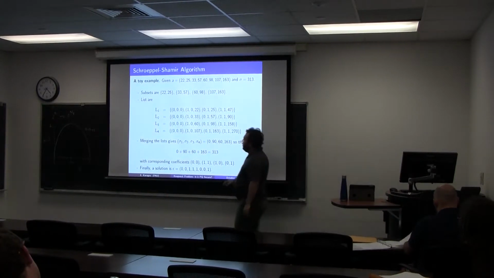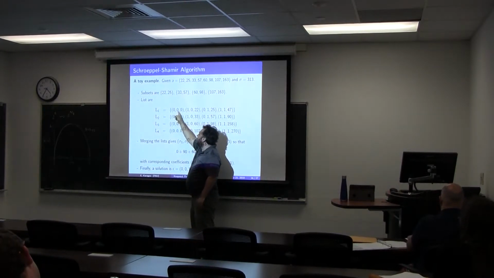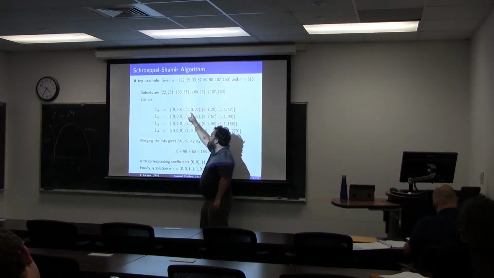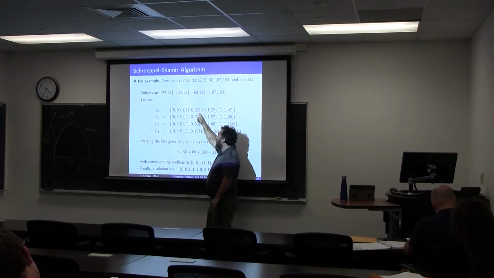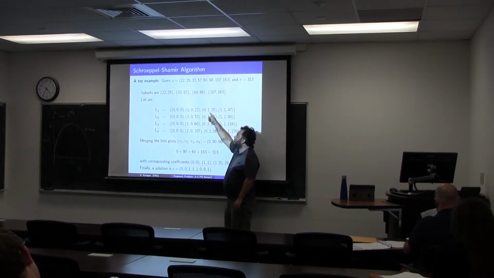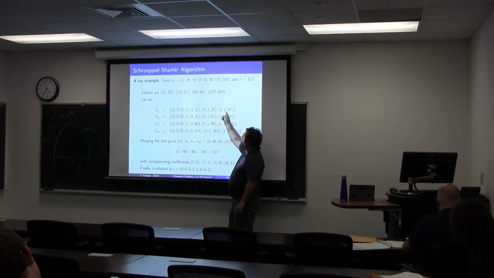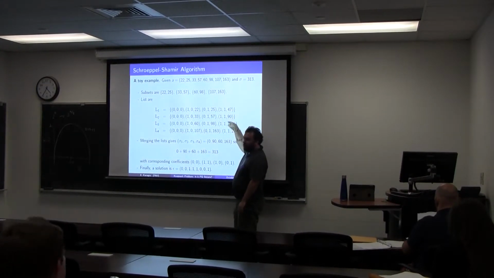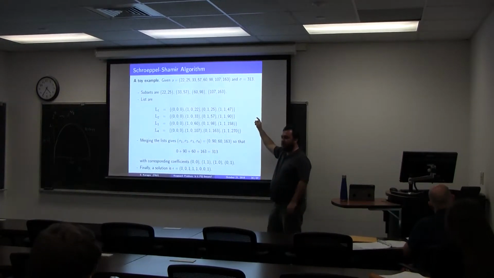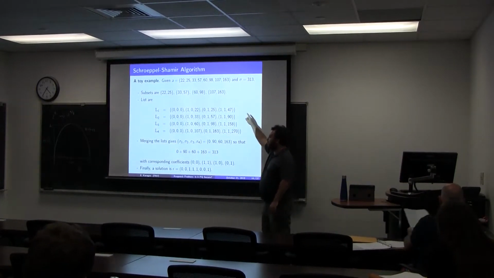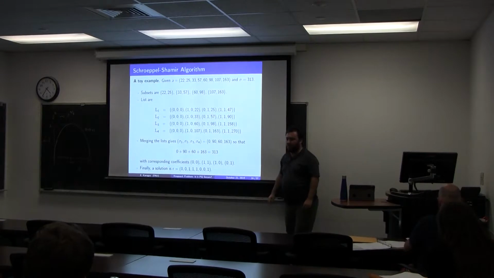For example, if you take none of these numbers, then the summation becomes 0. If you take just the first element, then the sum becomes 22. If you take the second element, then the sum is 25. If you take both of the elements, it becomes 47. So, is it clear to understand this construction of the list?